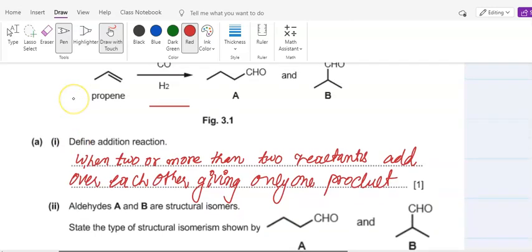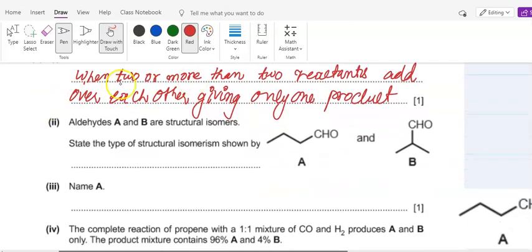Next question: aldehydes A and B are structural isomers. State the type of structural isomerism. At first glance, students think it is positional isomerism, but it is not. Why?